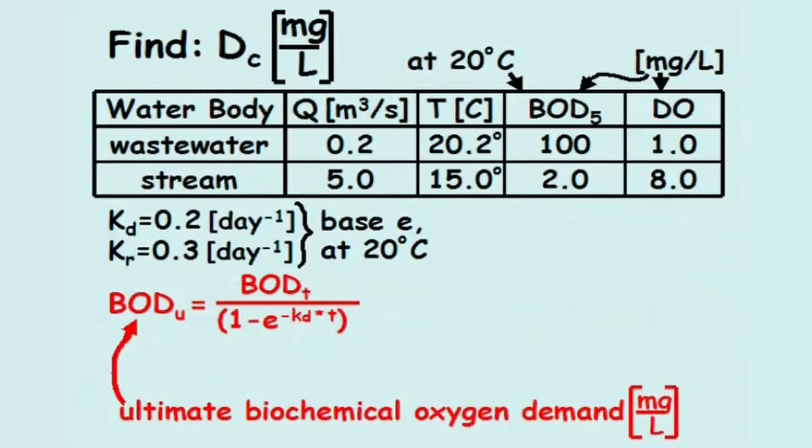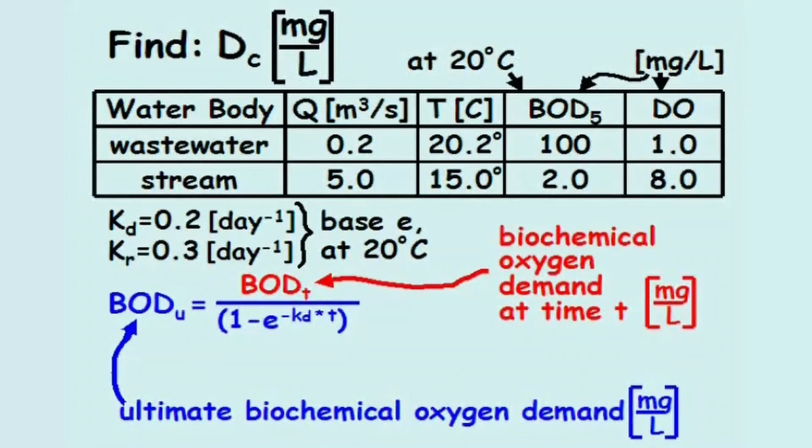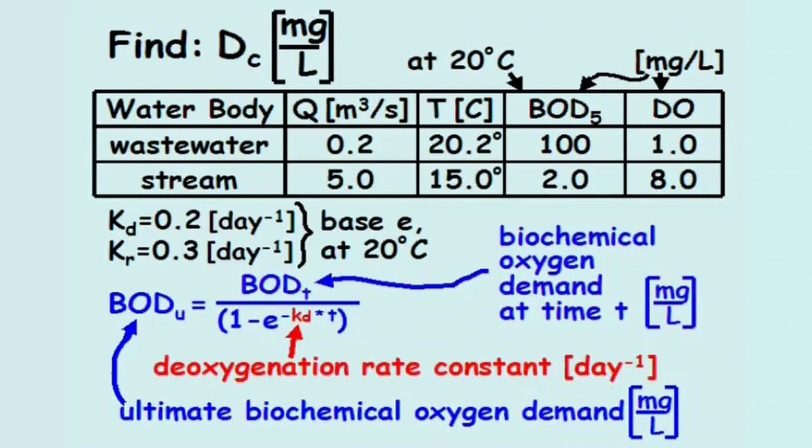The ultimate BOD in milligrams per liter equals the BOD at a given time period, T, in milligrams per liter, divided by 1 minus E raised to the minus 1 times K sub D times the time, T, in days. Since we've been given the data for 5-day BOD, we'll use a time of 5 days.